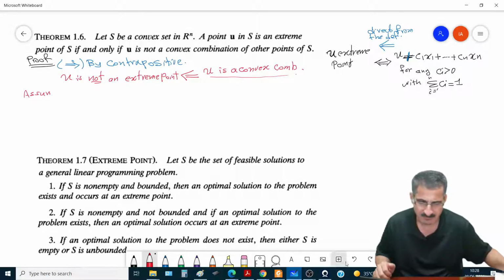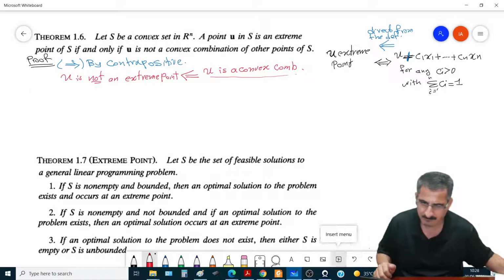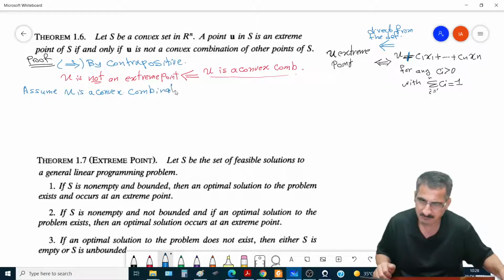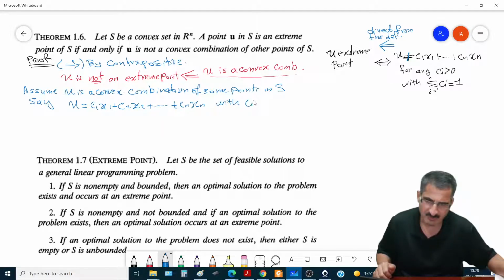Assume, let me change the color here, U is a convex combination of some points in S. Say U equals C1 x1 plus C2 x2 plus ... plus Cn xn, with Ci nonnegative, and summation of Ci equals 1, i from 1 to n.